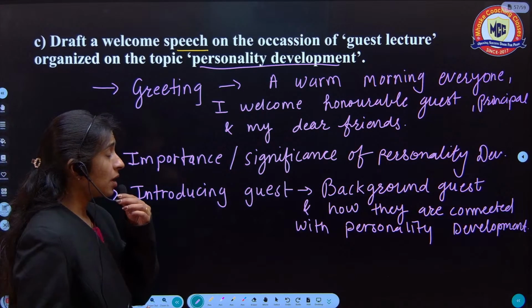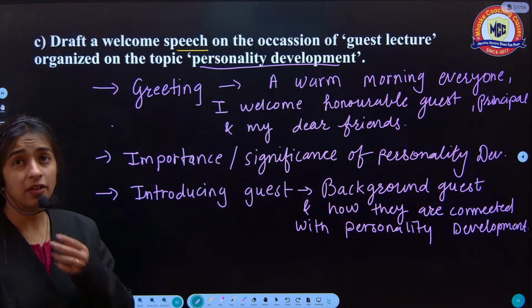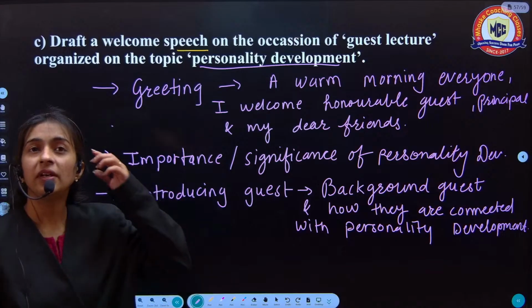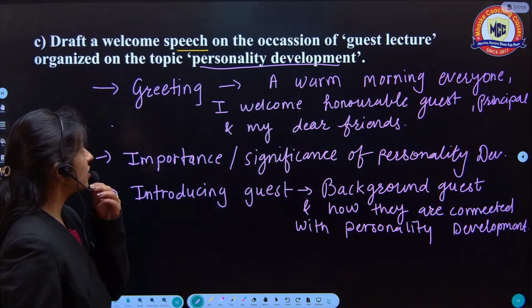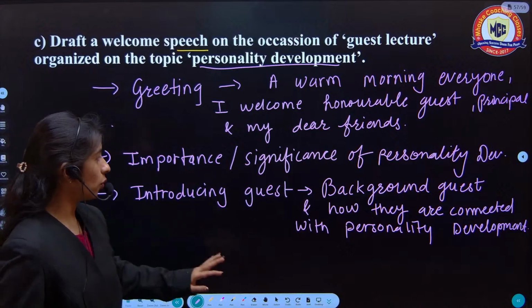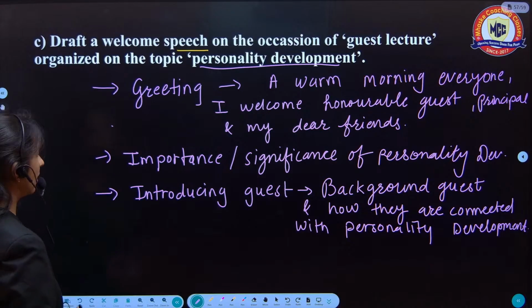And then how they are connected with personality development, and how they are going to make sure that today you will develop, or you'll achieve something from this guest lecture. So that is what you have to do in this part, introducing the guest.